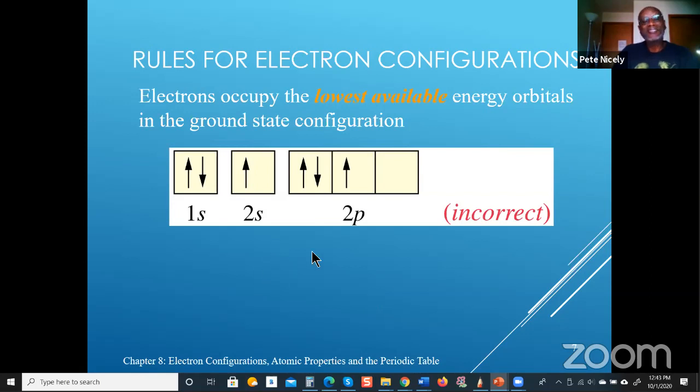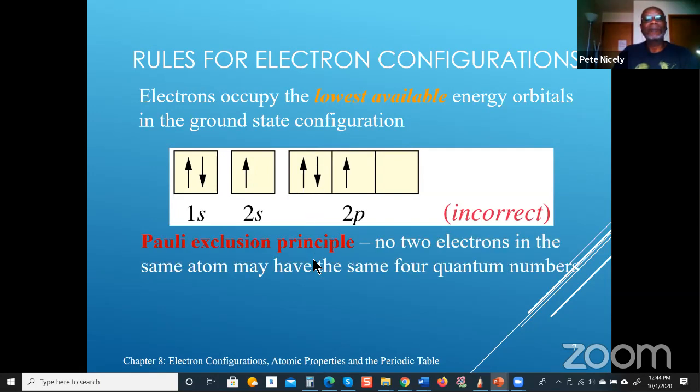Why? Because in this configuration, you have two electrons occupying the same orbital. One thing you should remember about electrons is that they carry negative charges, and like charges repel, right? So therefore, there will be some repulsive forces when you have two electrons occupying the same orbital, all right? So basically, this would not be the correct electron configuration.